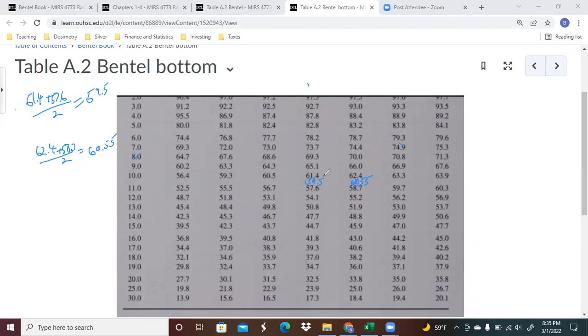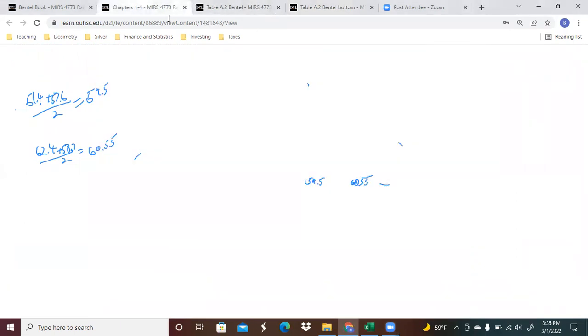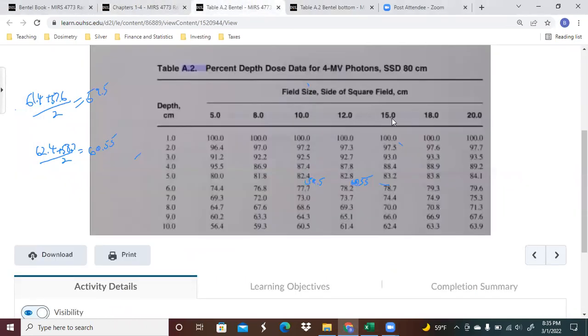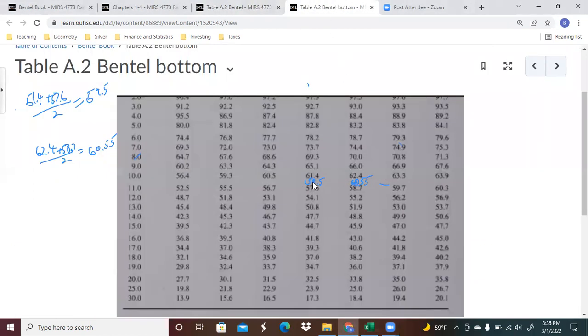So I've got to find a value for the depth at 10.5 somewhere between 59.5 and 60.55. The question is, what value in between am I going to go with? Since we are looking at a 13 by 13 field, and our fields are between 12 and 15, I'm going to take a third of the distance from here to here.